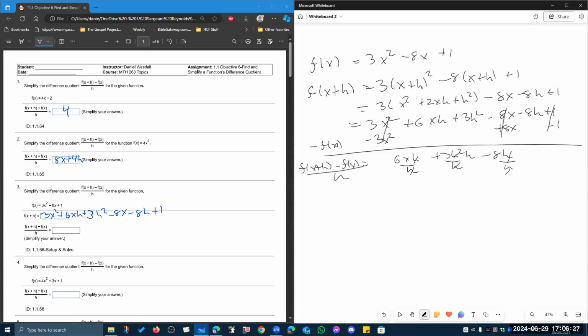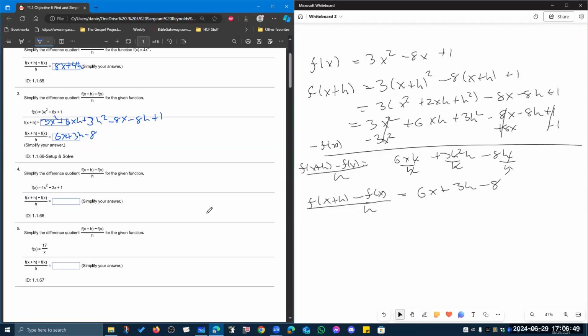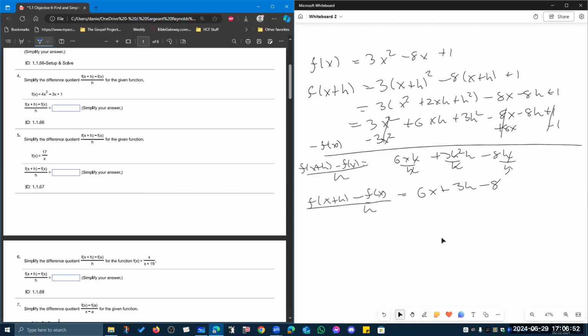That's h there, f of x plus h minus f of x divided by h is 6x plus 3h minus 8. Okay, let's keep going.